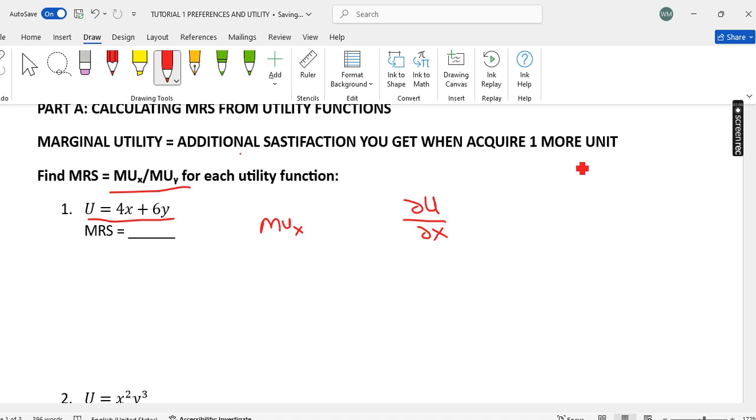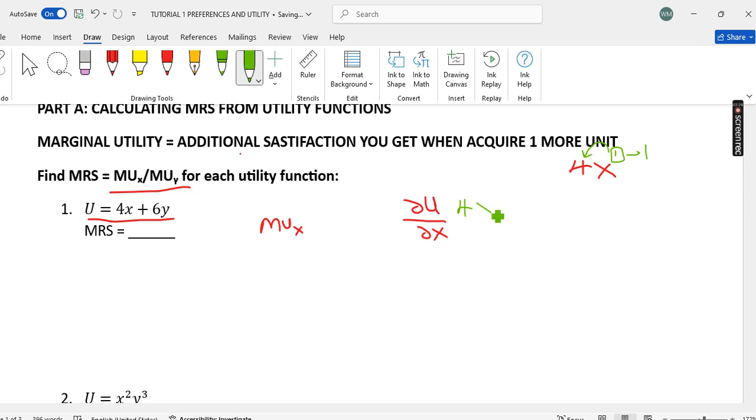Okay, so if you remember deriving with the power rule, 4x is like 4x to the power 1. So with differentiation, exponent multiplied by the coefficient number in front of the letter, 1 times 4, that is 4. Then subtract a 1 from the exponent, 1 minus 1, that is 0.